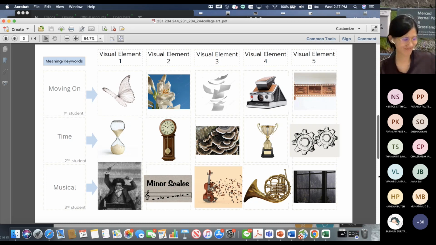For the fourth one, I choose a trophy, because it's proof of an accomplishment you have done in the past. And for the fifth one, I choose the gear, because as long as it works as it should, the gear will always keep moving as time passes by. So that's why I choose the gear as a representation of time.